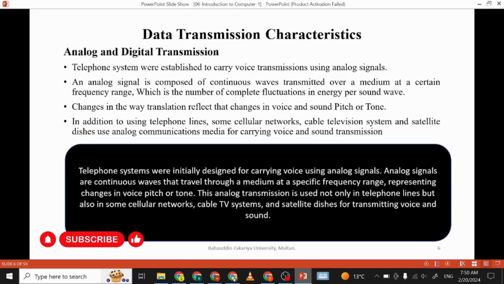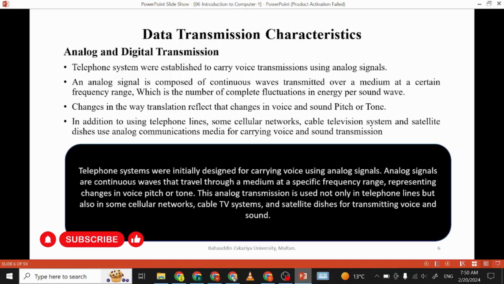Analog and digital transmission. Telephone systems were established to carry voice transmissions using analog signals. An analog signal is composed of continuous waves transmitted over a medium at a certain frequency range, which is the number of complete fluctuations in energy per sound wave.